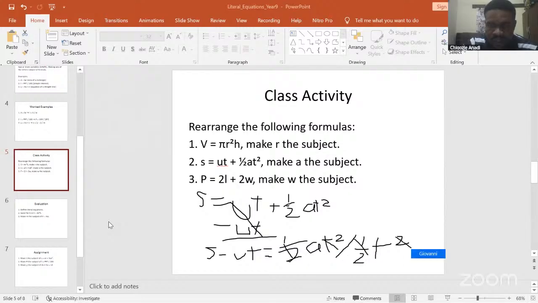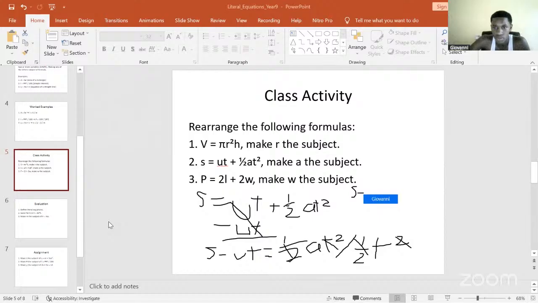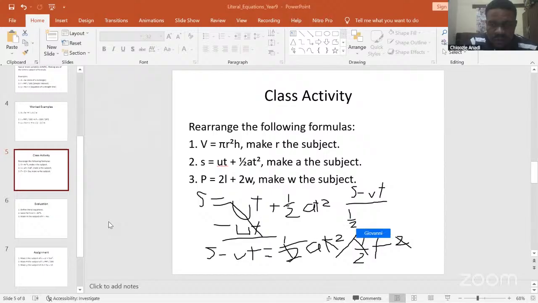I was left with s minus ut over one half t squared, which equals a. Very good, and that is correct.